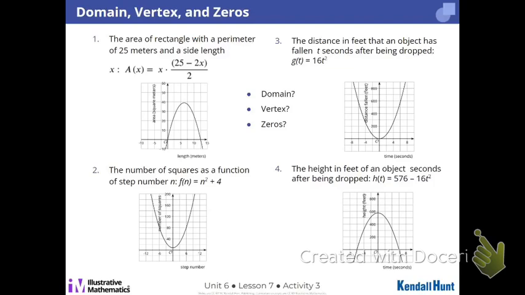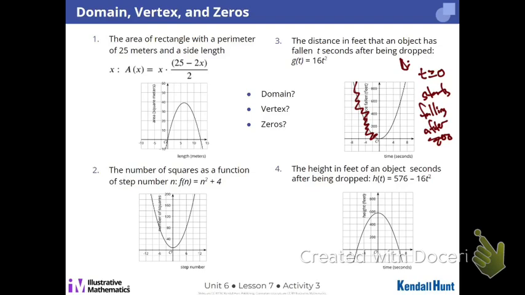Number 3, distance falling. Negative does not make sense for our domain. It has to be a time greater than or equal to 0. It starts falling after 0, right? Does that make sense for the domain, guys? You can't have negative time. All right.